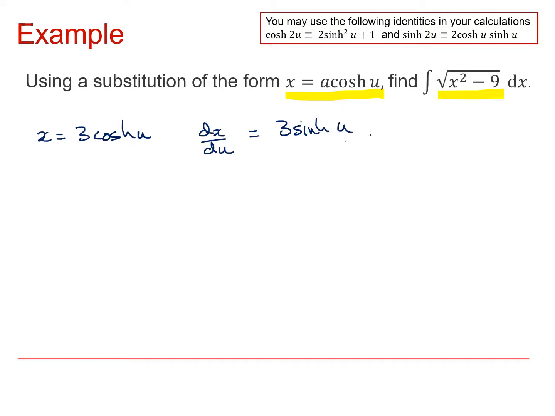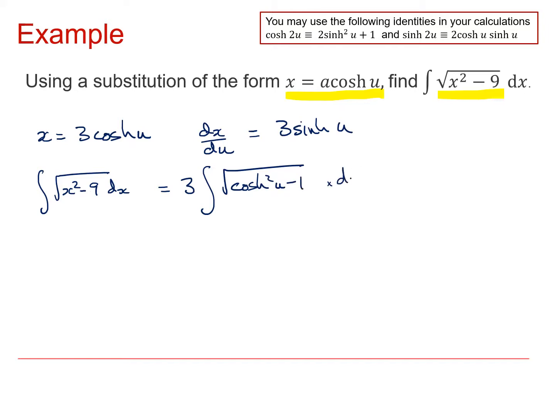Then if we plug those bits and pieces into the integral, the integral of the square root of x squared minus 9 dx, I hope you can see that I'm going to get that 3 coming out, times the root of cos squared u minus 1, times dx by du, du. dx by du we know is 3 sin u, and so this is going to become 3 times the integral of sin u, since cos squared minus 1 is sin squared, square rooted, times 3 sin u du.